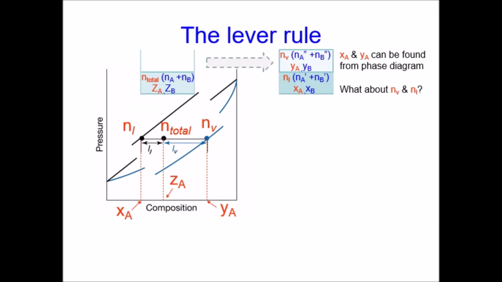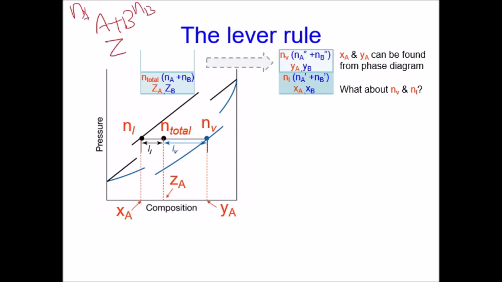On a phase diagram, if liquid and vapor are in equilibrium, we can find the mole fraction in the gas phase and the liquid phase by drawing the tie line. But how do we find the amount of substance that goes to the liquid and the vapor phase? Suppose we make a mixture A plus B, and we know the number of moles of A and number of moles of B, so we know the mole fraction.